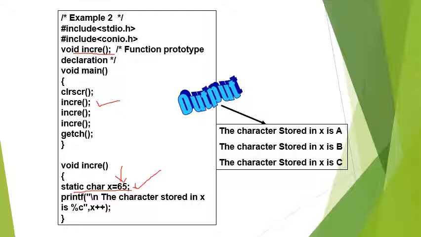So this is the ASCII value of A. The capital letter A's ASCII value is 65. So it will treat it as a capital letter A. Char x, so the value of x will be A, capital letter A. So when it is printing, the character stored in x, percentage c, x plus plus.